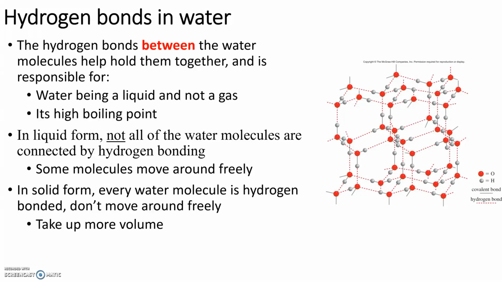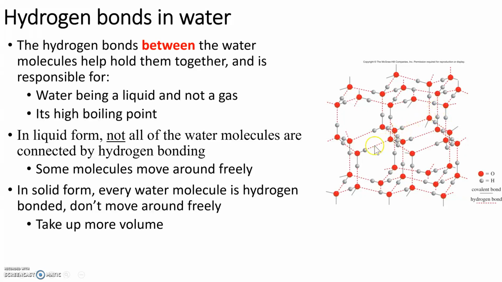The hydrogen bonds also explain why the solid is less dense, takes up more room compared to the liquid. What we have over here is a diagram showing the hydrogen bonds in a solid. Every molecule in ice, or the solid form of water, is associated to the other molecules using hydrogen bonds. And this results in a very structured arrangement of those water molecules.